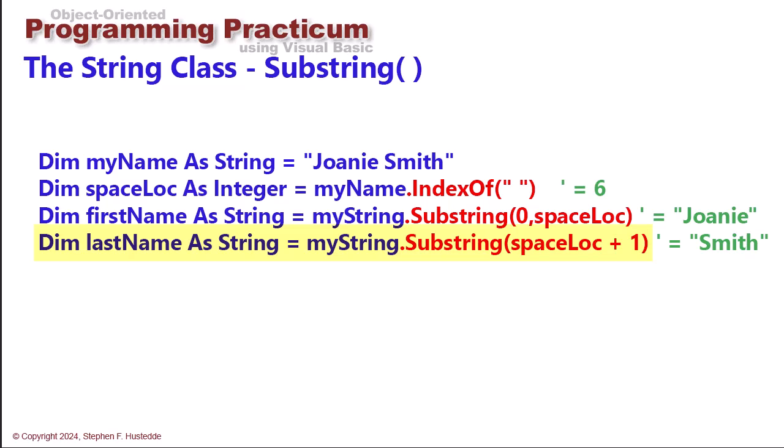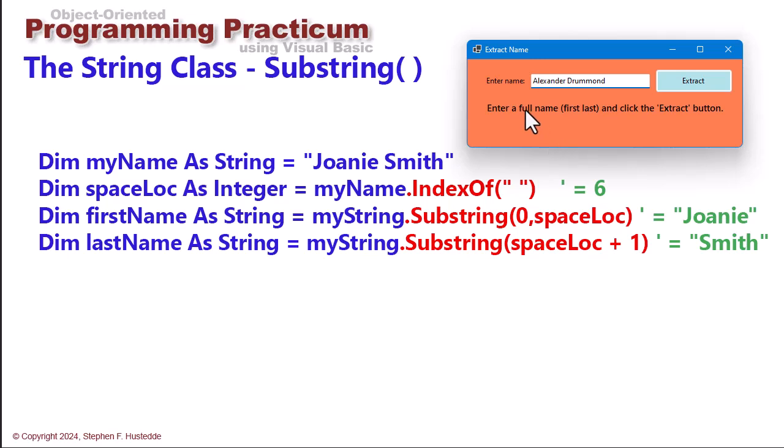Here we're going to start with one character and read to the end. Now the character we're going to start with is not the space lock, but the character after it. So we do .substring space lock plus 1, and the result is last name equals Smith. So you can see how we use the index_of and the substring together to extract parts of a phrase or a name.